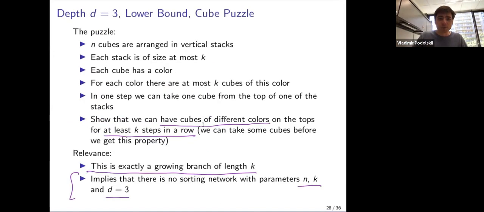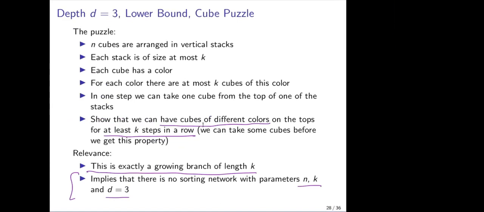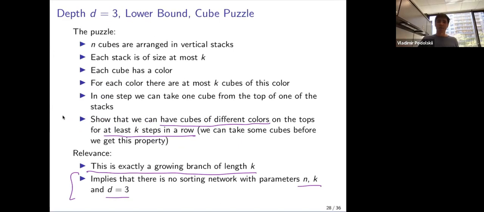There is a question about the previous slide. Is it this one? Yeah, thank you. Please ask questions because it might be unclear. Since I'm showing this slide, let me repeat the game. We have n cubes arranged into stacks.